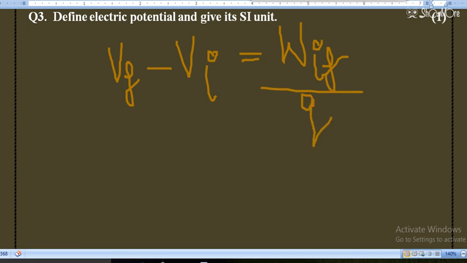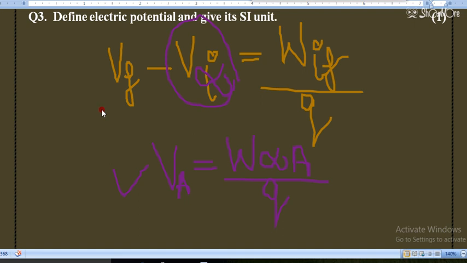We take the initial potential as V infinity, because we assume that potential at infinity is equal to 0. So we get only the potential definition: potential at a particular point A is defined as work done for bringing the charge from infinity to point A, and work done per unit charge is equal to potential difference.